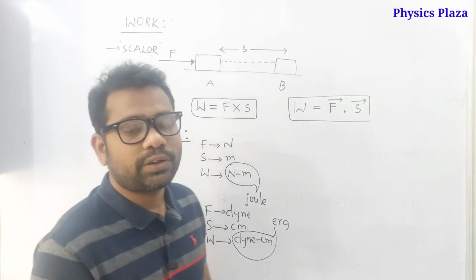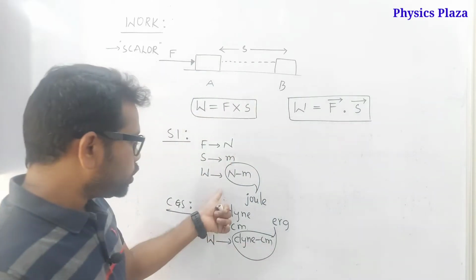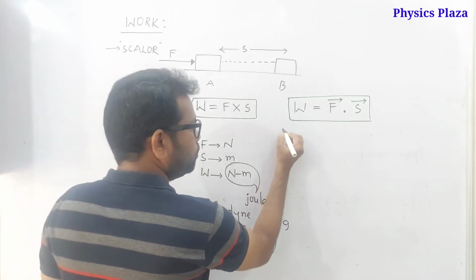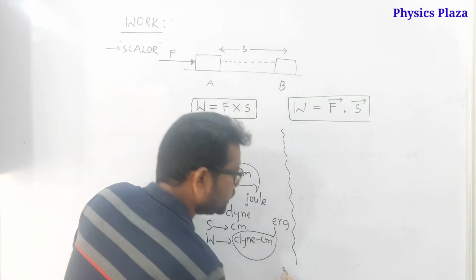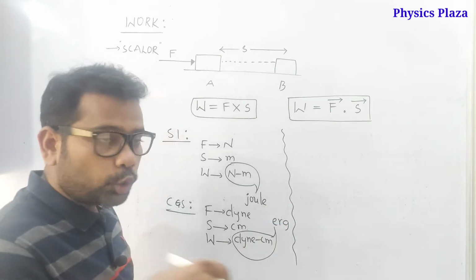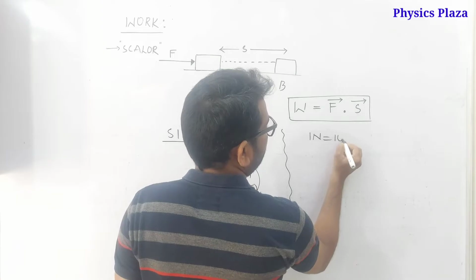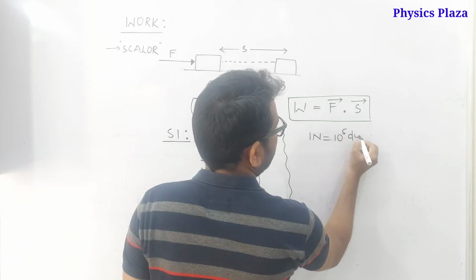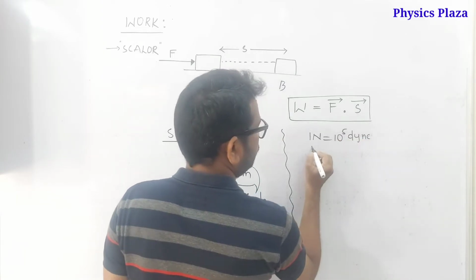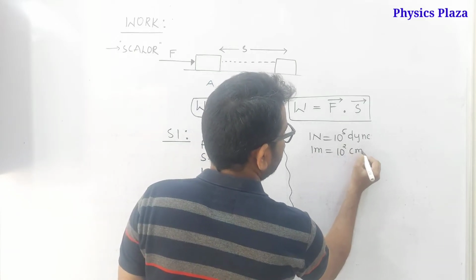From the examination point of view, it may be asked to derive the relationship between joule and erg. It's very important. Before that, we should know the relations: 1 Newton is equal to 10 power 5 dynes, whereas 1 meter is equal to 10 square centimeters.